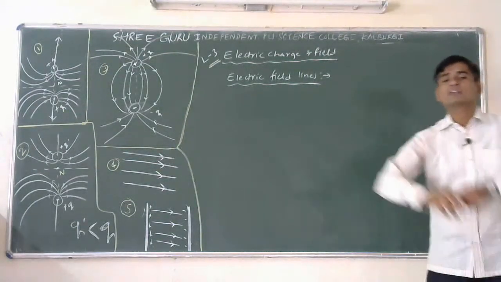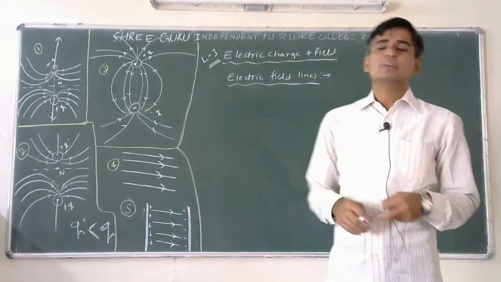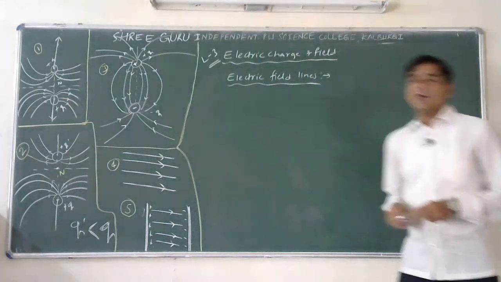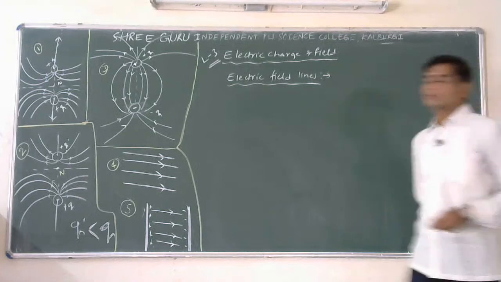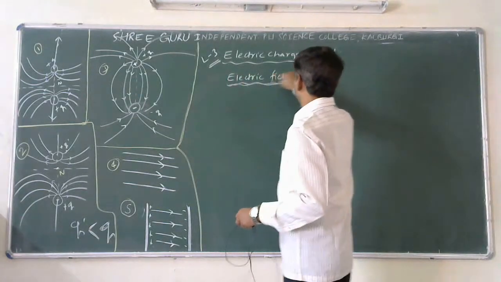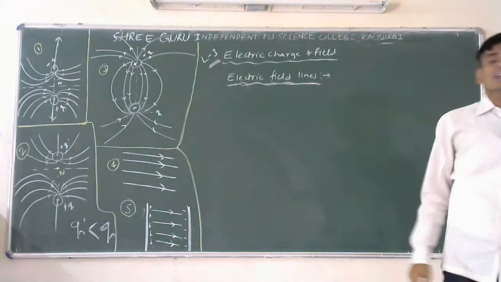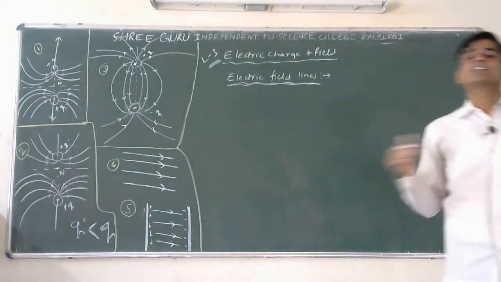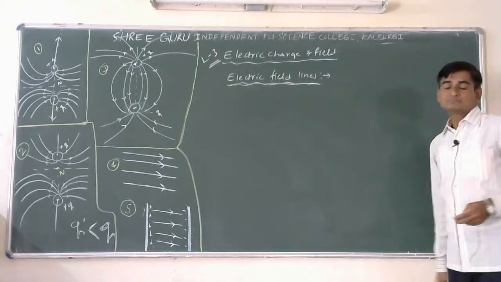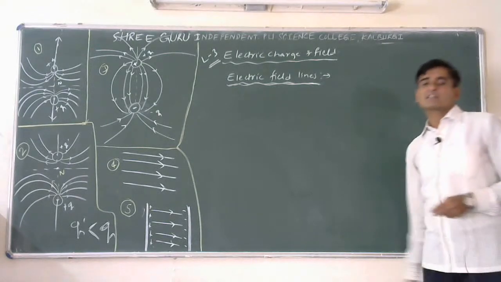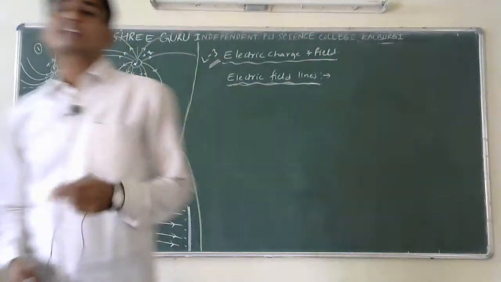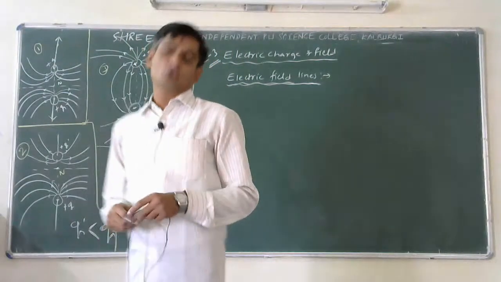And the tangent drawn to the electric field lines gives the direction of the electric field intensity at that point. Remember that.